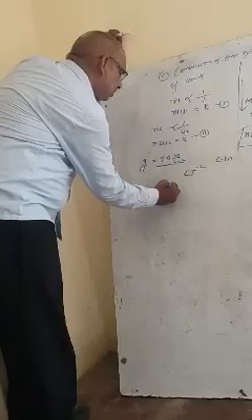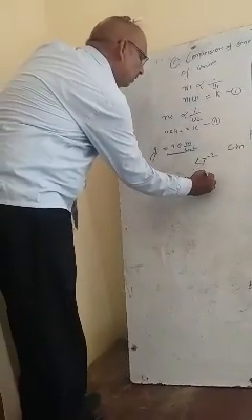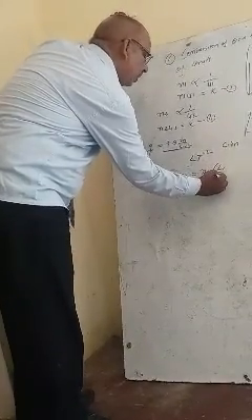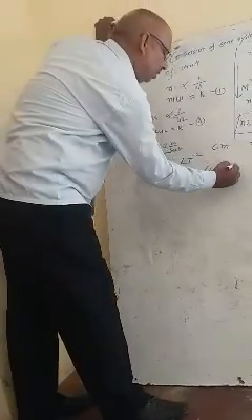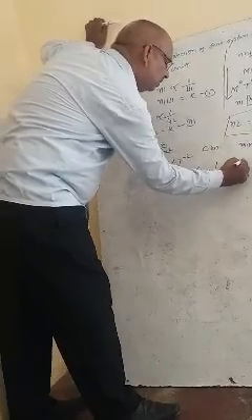Then finding the value of n2, this will be n1 (L1 by L2) with dimension 1, and (T1 by T2) with dimension minus 2.